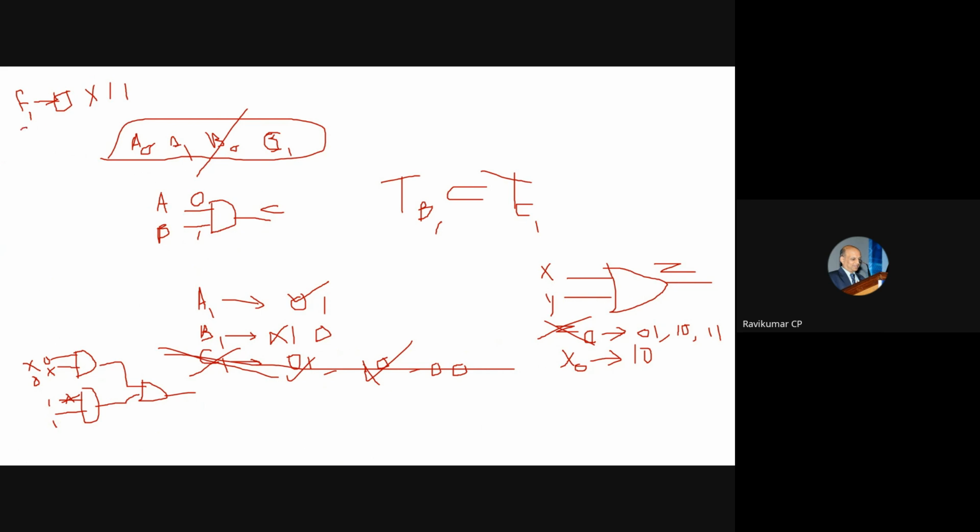And there is another fault F2, where the vectors are x0x1. Now you can look at these and say that I can put 0 here, 0 here, 1 here, and 1 here. So if I pick 0011, then it will catch both F1 and F2. Is that okay? Yes, sir.